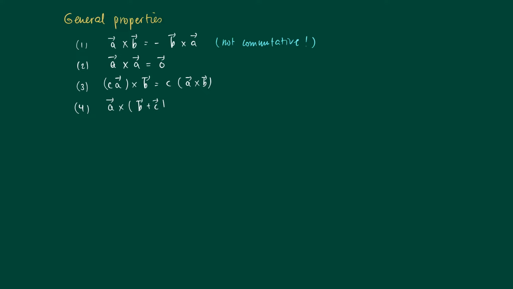The cross product relative to taking sums of vectors shares the distributivity property.